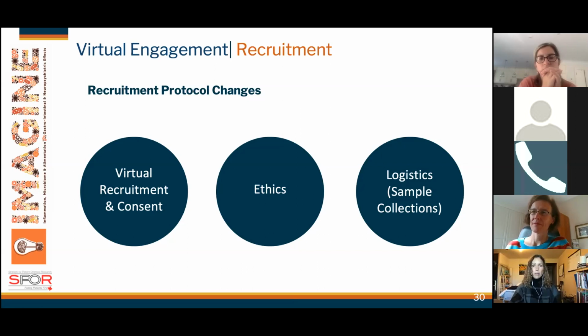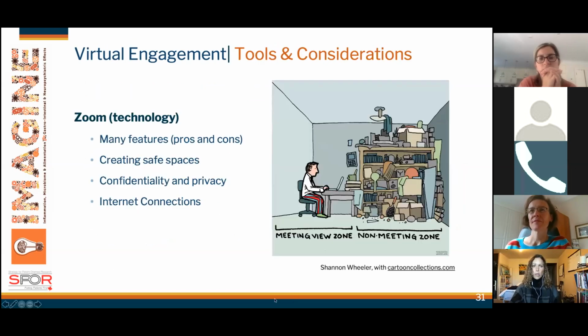And I'm just going to skip over to technology. When engaging patient research partners and or participants, there are many great features in the technology we use. We have the chat box where we can ask questions, we can share screens, all these different things. But sometimes the chat box could end up being a negative space.